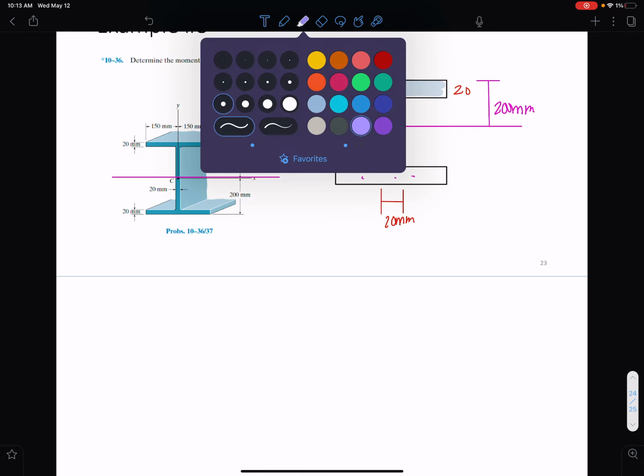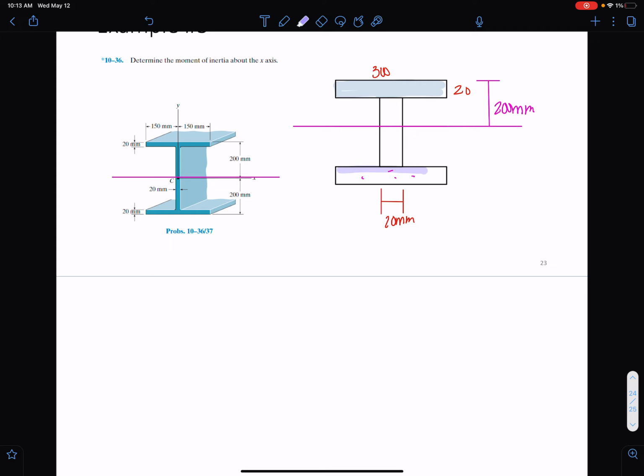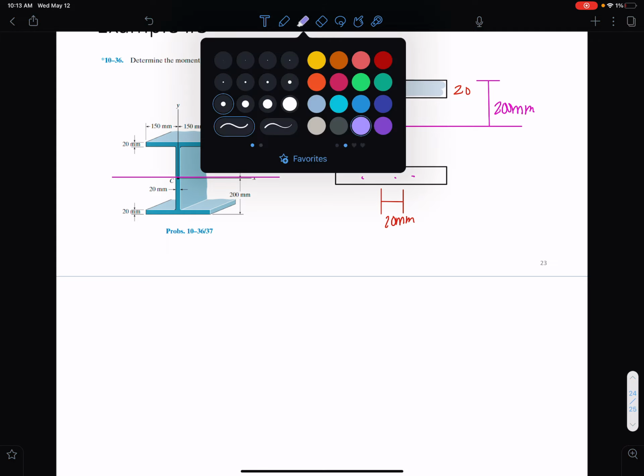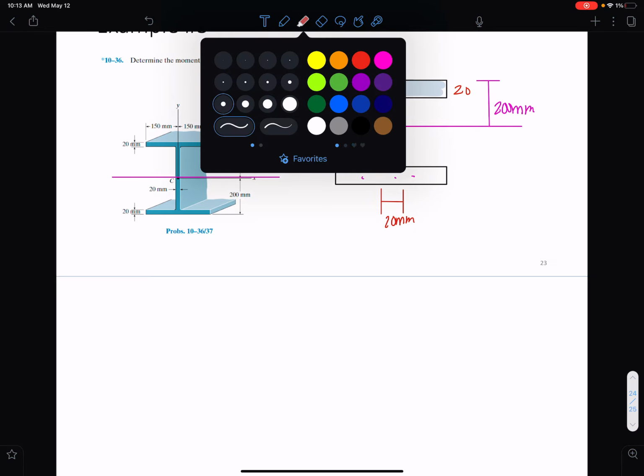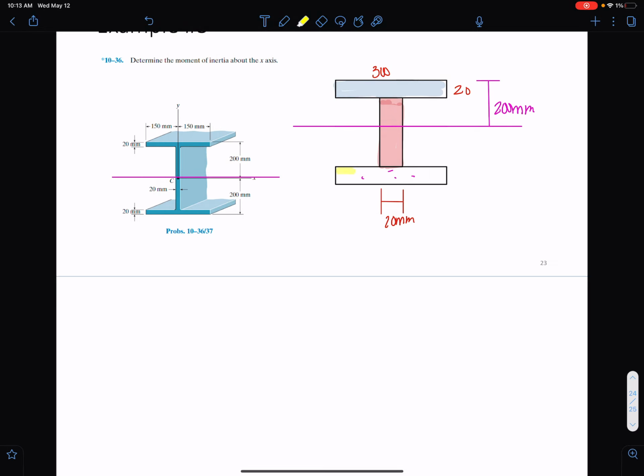We have area 2 here. Those look really similar. And we have area 3 here. So we have 3 areas that we're working with now, okay?